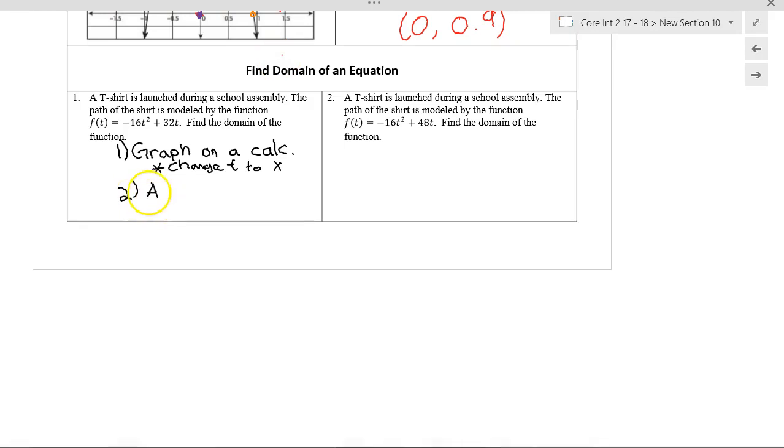So again, it always starts at time of 0. And then it's going to stop when something stops it. So usually when it hits the ground.